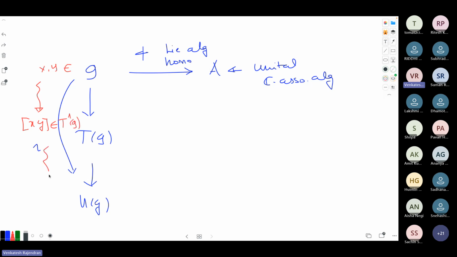But then when you go down all the way inside UG, this bracket xy is indeed equal to xy minus yx.